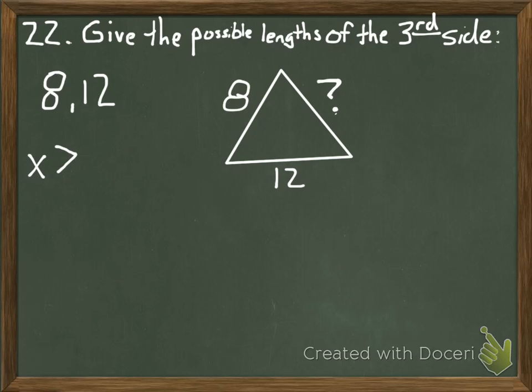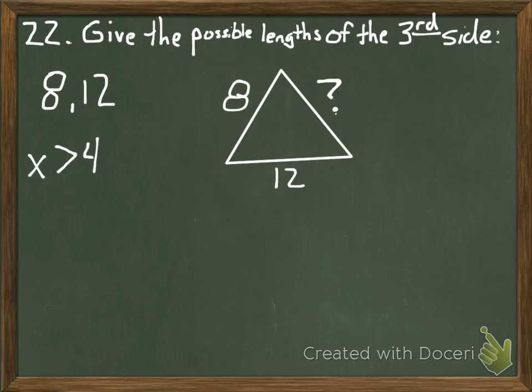The shortcut is first to find the smallest the length could be. All you do is you take your two numbers here, this 12 and the 8, and you subtract them. 12 minus 8 is 4. So that side, x, has to be greater than 4.